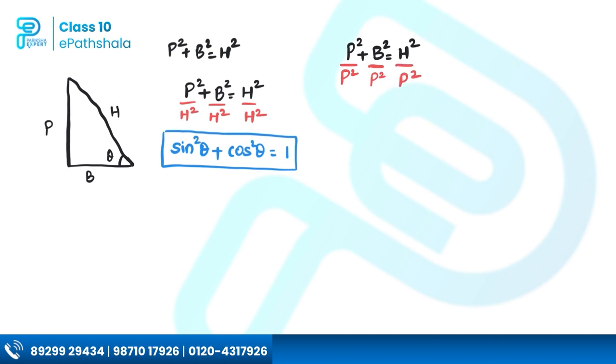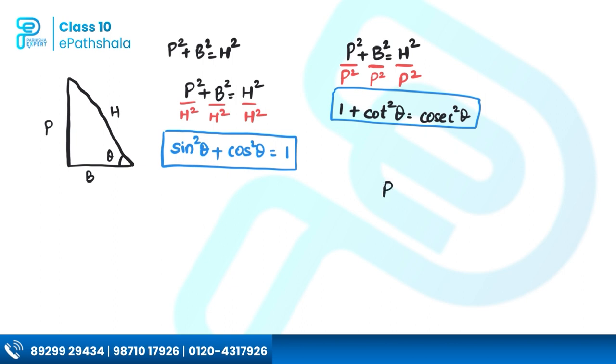P square upon p square, you will get it as 1. B upon p is cot, and h upon p, you know that it is cosec. Hence you will get the other identity.